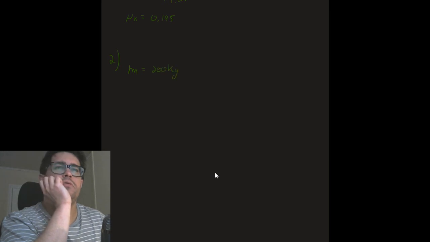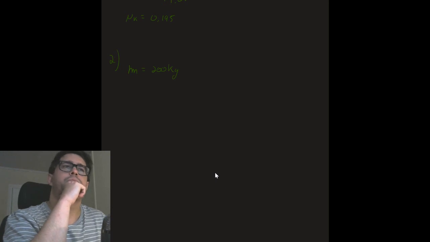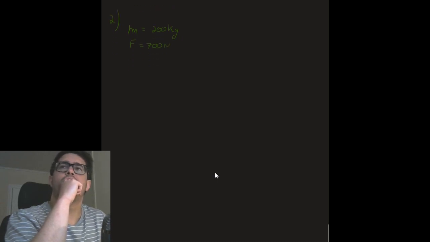Problem 2. You got a 200 kilogram crate pushed horizontally with a force of 700 Newton. If the coefficient of friction is 0.2, calculate the acceleration. So when they say acceleration, it means it's moving, so it's a K here.